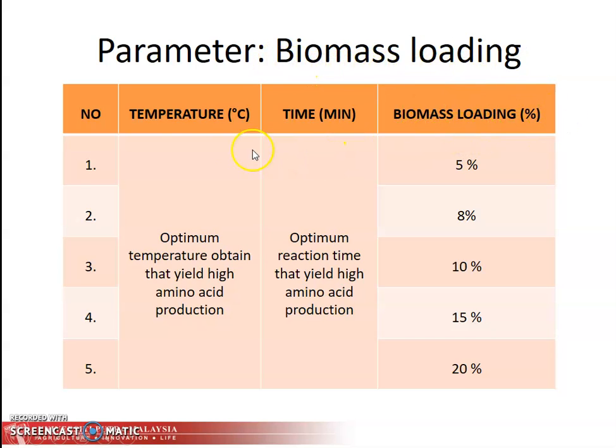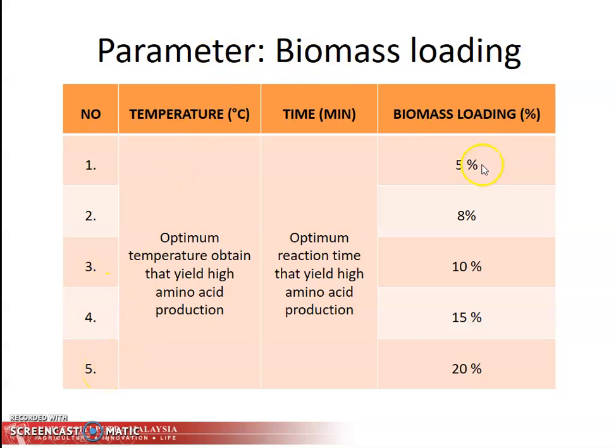In this experiment, temperature and time are kept constant, where the temperature is obtained from the first conventional set, and the time will be obtained from the second conventional experiment. But the thing that is going to be varied is the biomass loading, where 5 sets of runs will be tested in this parameter.